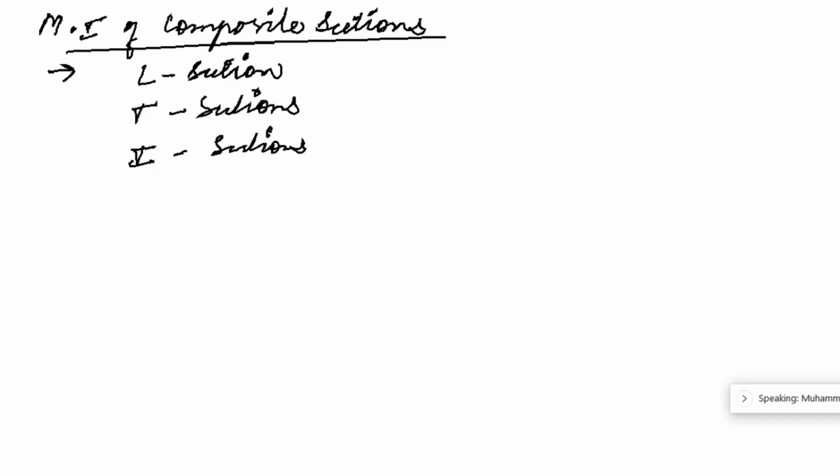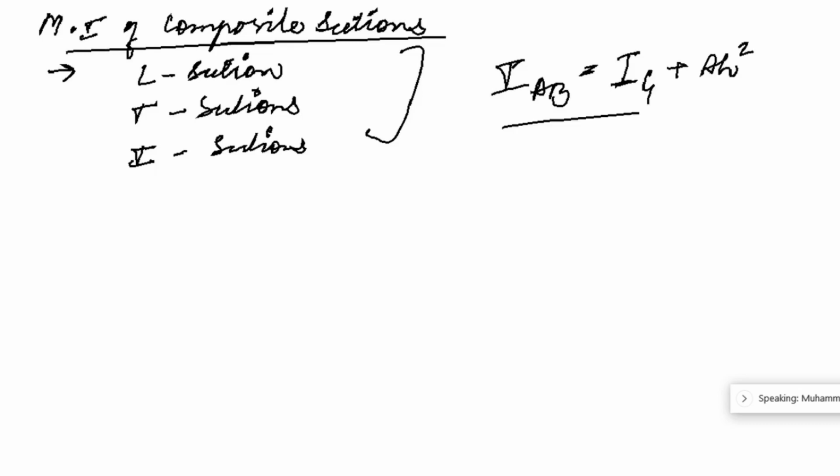For example, the moment of inertia about any plane AB is equal to the moment of inertia about the center of gravity plus area times h square. We know this from the parallel axis theorem.